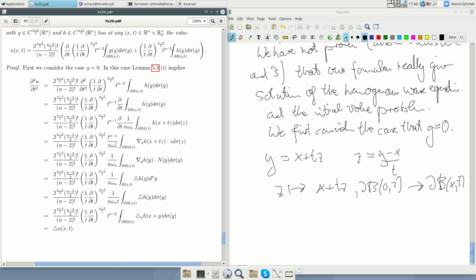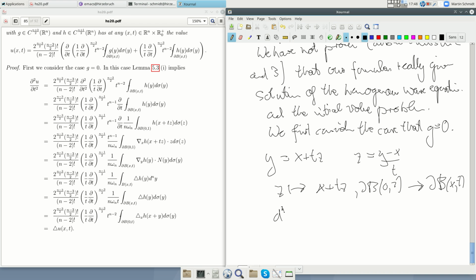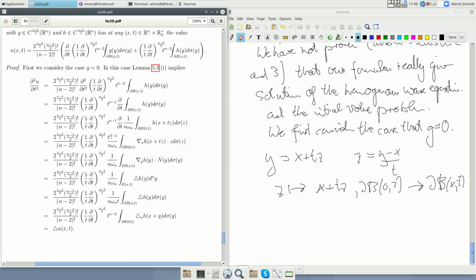And now we put this in. And remember, now we reverse this coordinate change. Clearly, d sigma y by this coordinate transformation we get a power t to the power n minus 1. By rescaling, we get this power t to the power n minus 1.